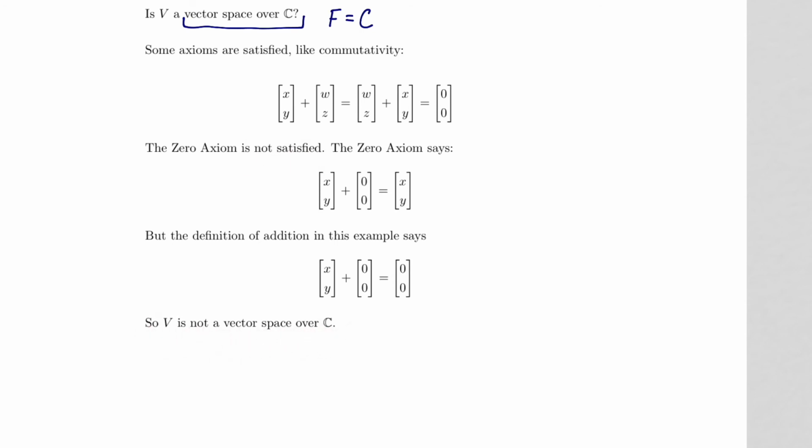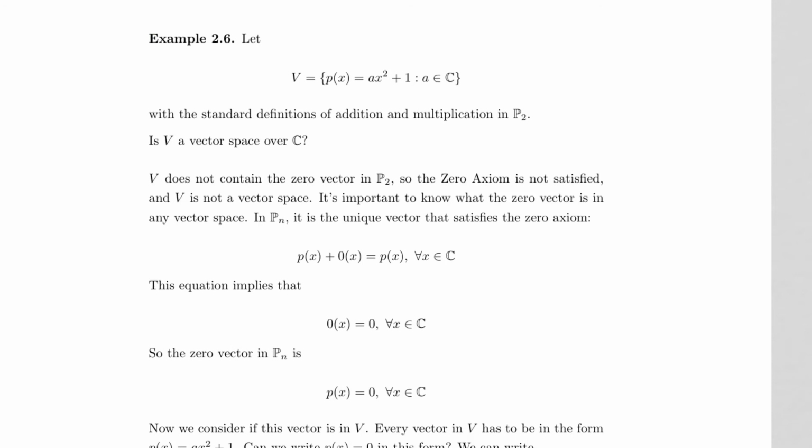In this next example, the set V is the set of polynomials p of x equal to ax squared plus 1, where a is a complex number. So if we look at this for a minute here, this is not all second-degree polynomials, only the ones that are in the form of a number times x squared plus 1. So that part's pretty specific. Notice there's no x term.